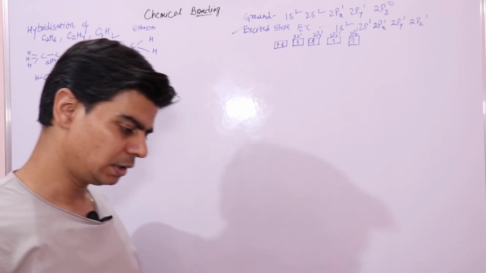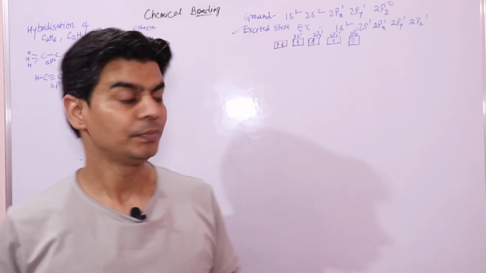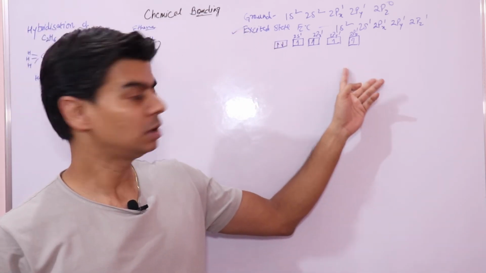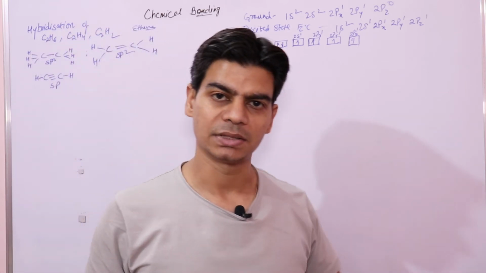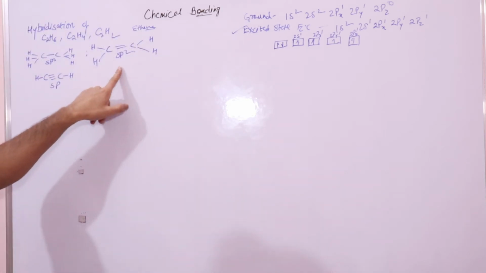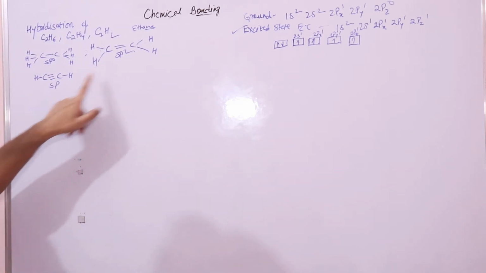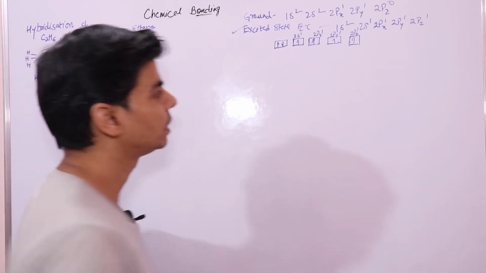Now these four half filled orbitals can undergo hybridization. There is one point that we have studied in the previous video lecture on hybridization, that it is not important that all the half filled orbitals will undergo hybridization. So we will see that in ethene and ethyne, all the singly filled orbitals will not undergo hybridization.